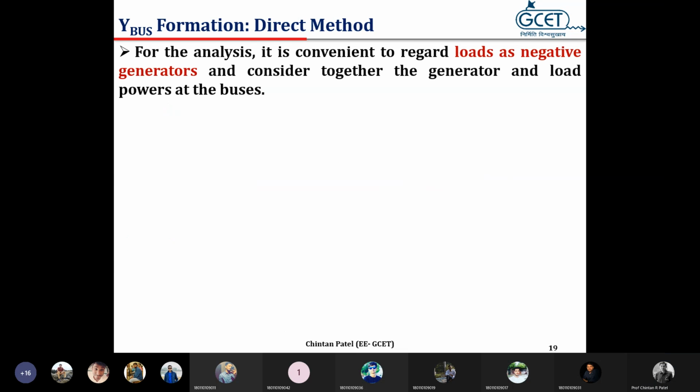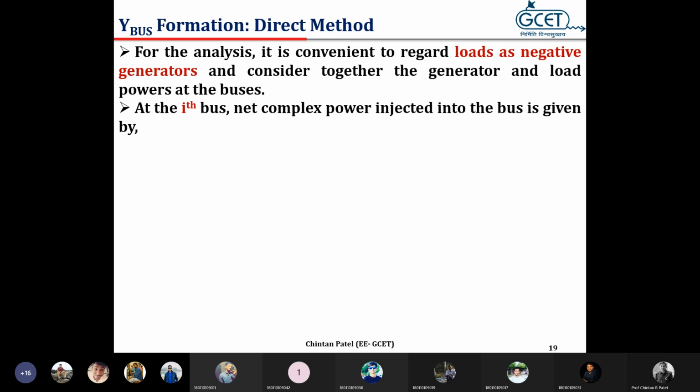Remembering this, for the analysis purpose, let's assume the loads as negative generators. That means loads receive the power, loads absorb the power, so that is considered as minus or negative of the generation. And at the ith bus, at any bus, I could be 1, 2, 3 or 4.